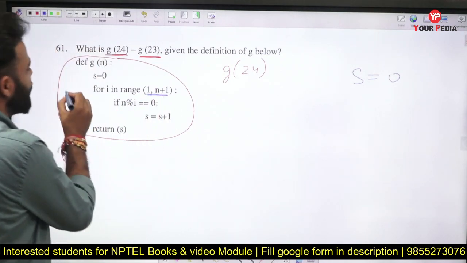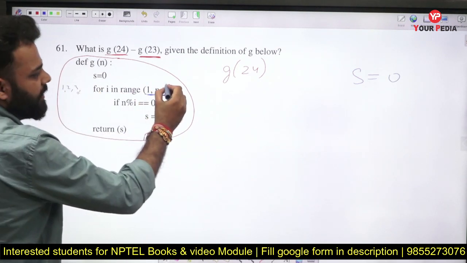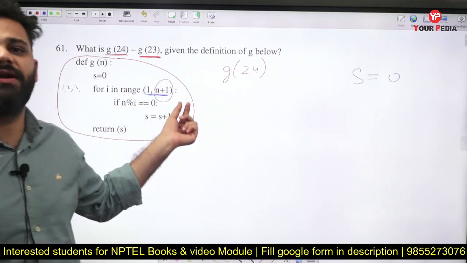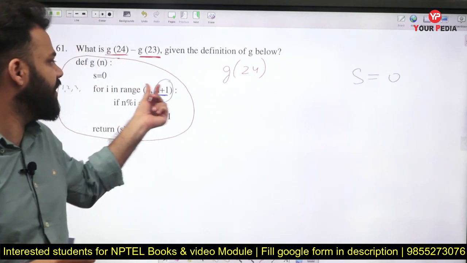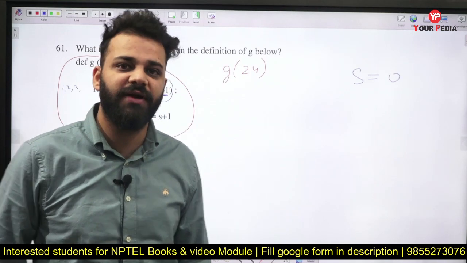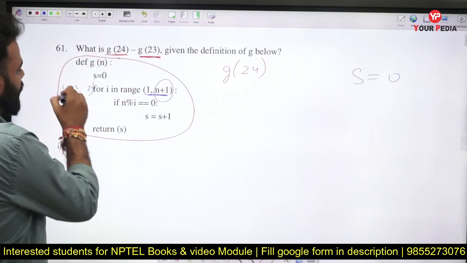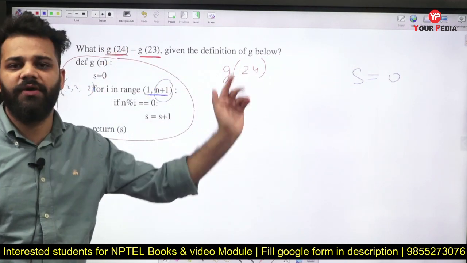So I will take values 1, 2, 3 up to n. In range questions, the last element is not included. So n is 24, we will not take values from 1 to 25, we will take values from 1 to 24. Now n will remain constant as 24.